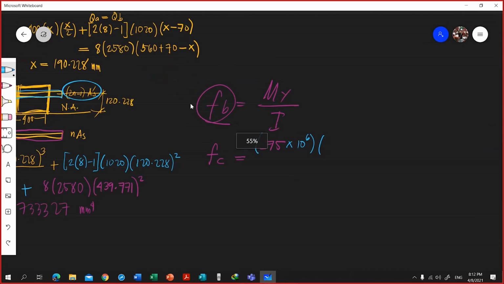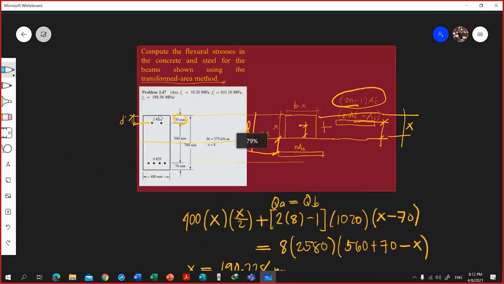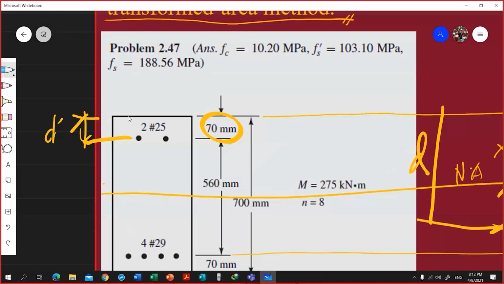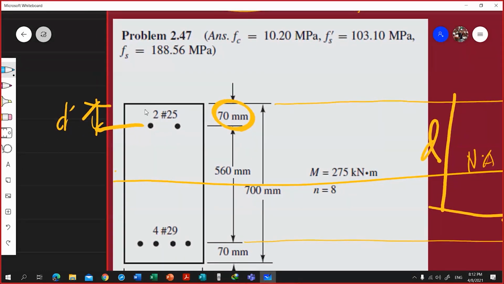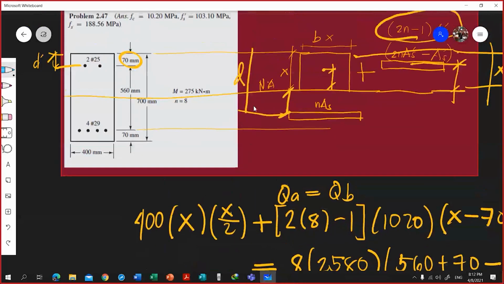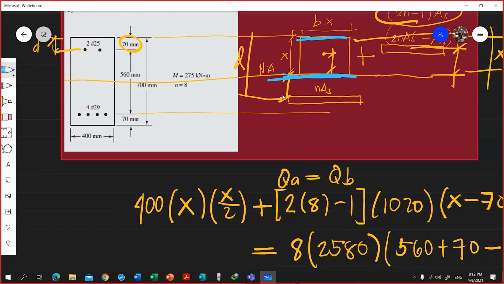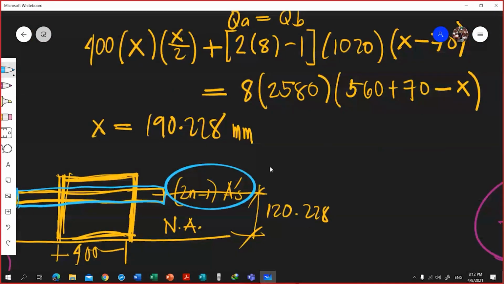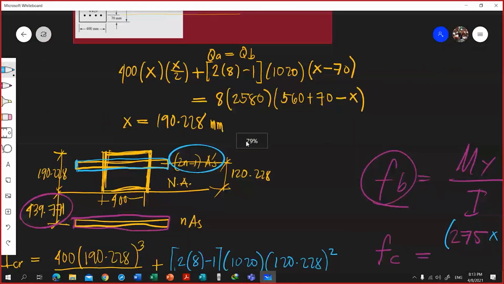Here we consider the extreme fiber of the concrete in compression. The distance of this fiber from the neutral axis we have already solved, and that is the value of x, 190.228.